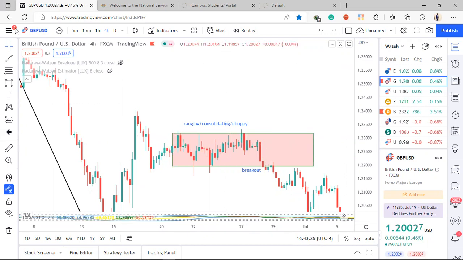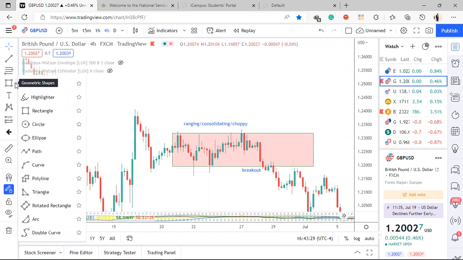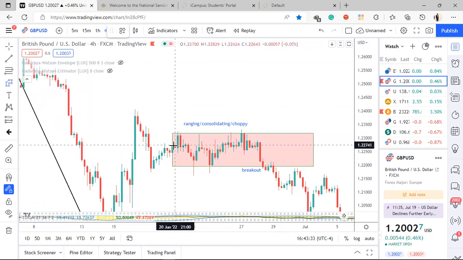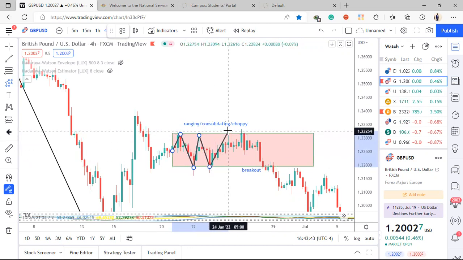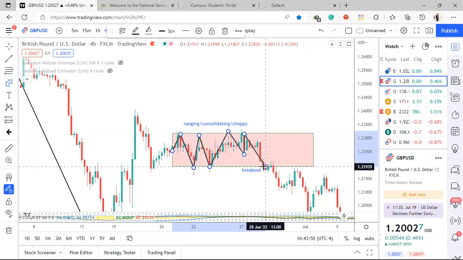So in a ranging market, this is how the market goes. The market goes up, comes down, goes up, comes down, goes up, comes down.